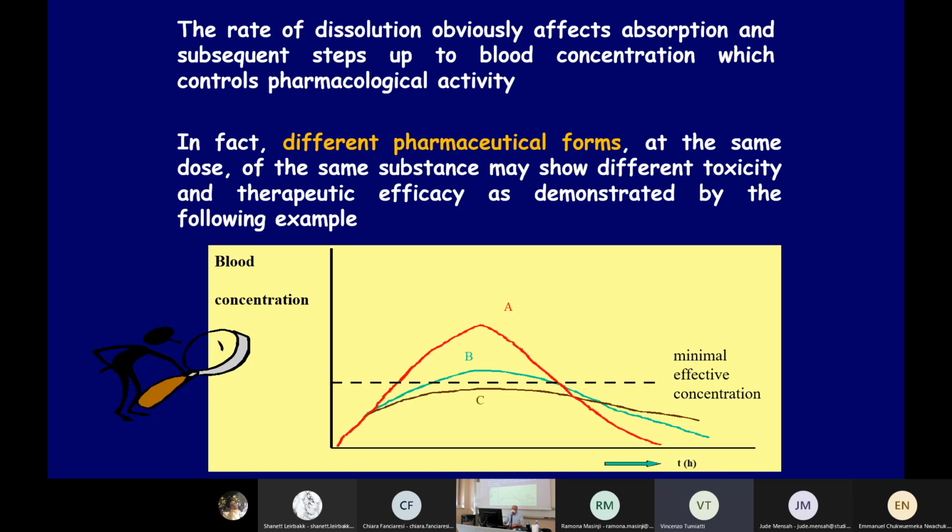It requires a lot of time to go in the water, and you see it is not able to reach the minimal effective concentration. So perhaps you can have no effect, perhaps side effects, but not the therapeutic effect.